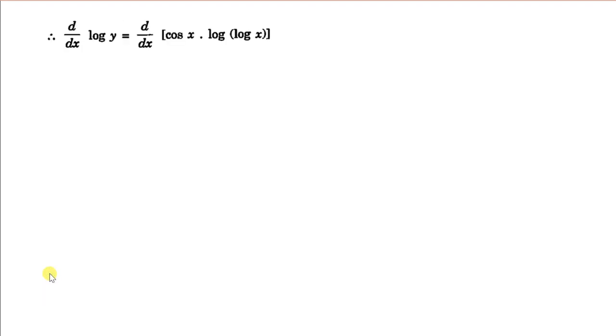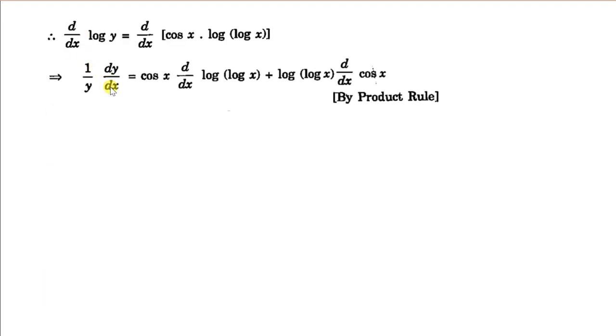We get 1 upon y dy by dx equal, on the right hand side we will use the product rule. So first function cos x as it is multiplied by differentiation of the second, plus second function as it is multiplied by differentiation of the first one. The differentiation of log x becomes 1 upon log x, then multiplied with the derivative of this x.